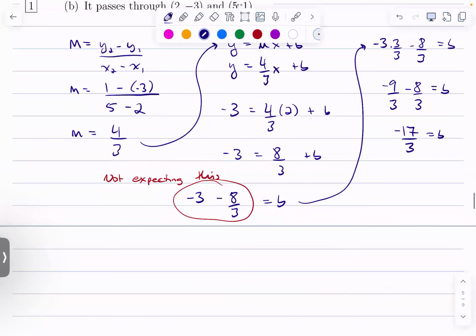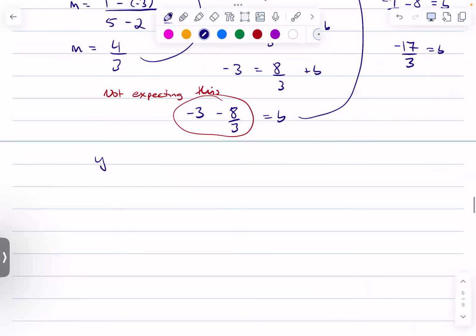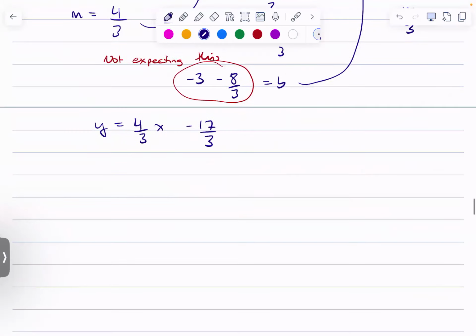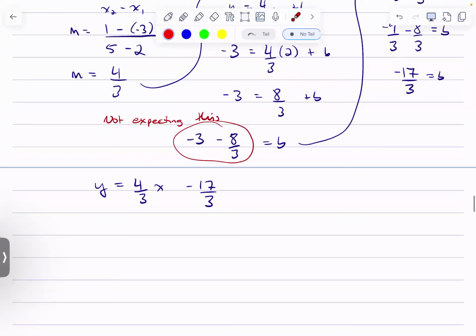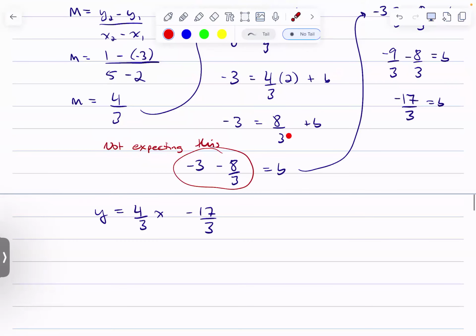So then that puts us at y equals 4/3x minus 17/3. But we want it in standard form, which means I have to shuffle these values over here. Moving -8/3 to the same side is multiplying by 3.